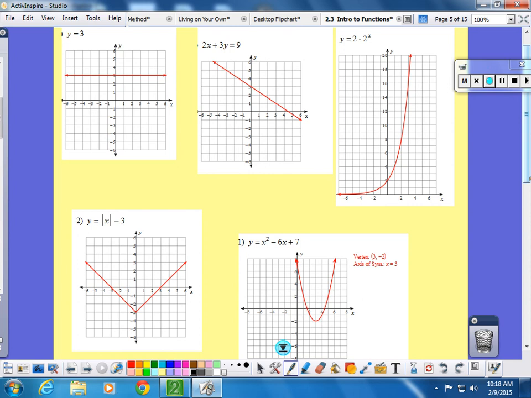If it's one point, it is. Sketch the graphs. Then beside each of them, say yes or no if it's a function, and give the domain and the range.